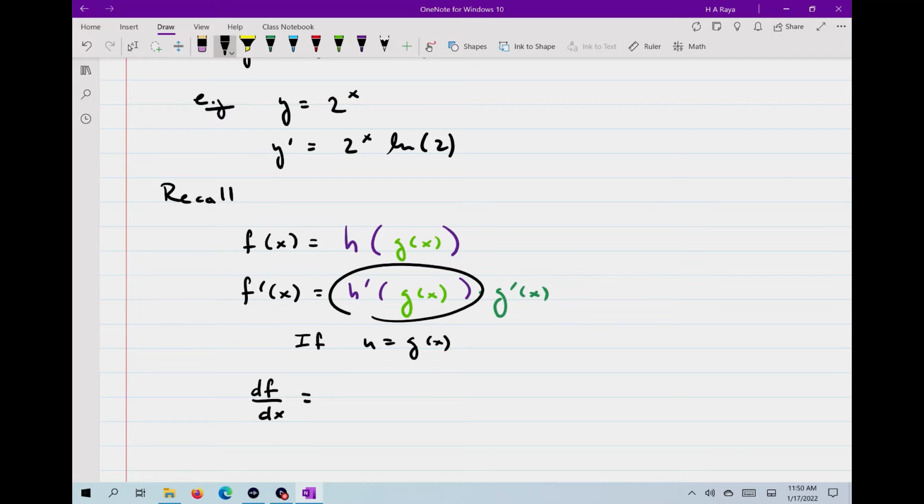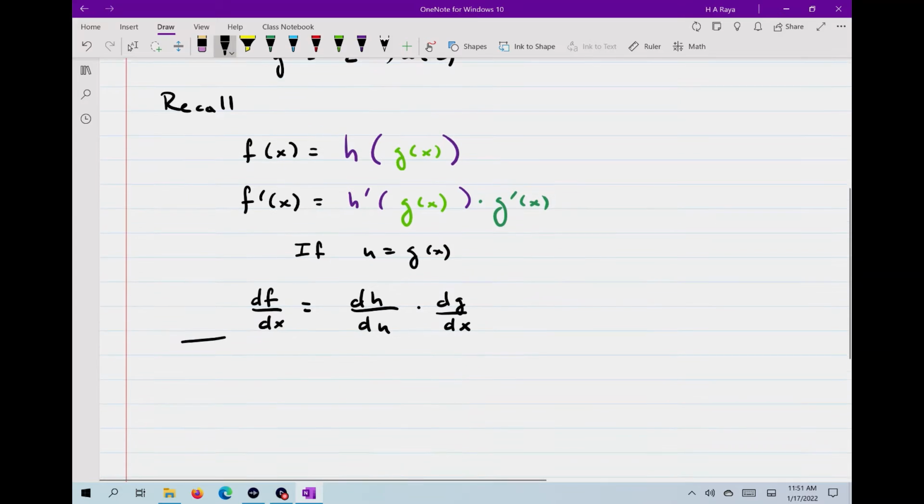The derivative of h evaluated at g of x can be rewritten as dh with respect to u, and our g prime of x can be written as derivative of g with respect to x. Now we'll be using both of these elements to take the derivative of the natural log function.